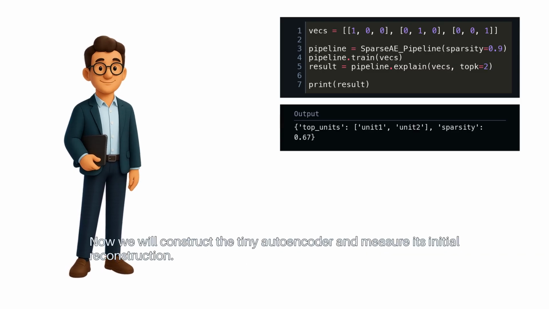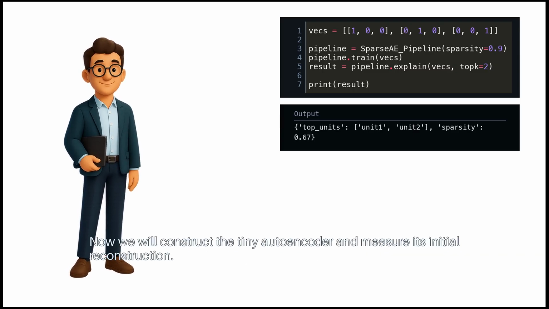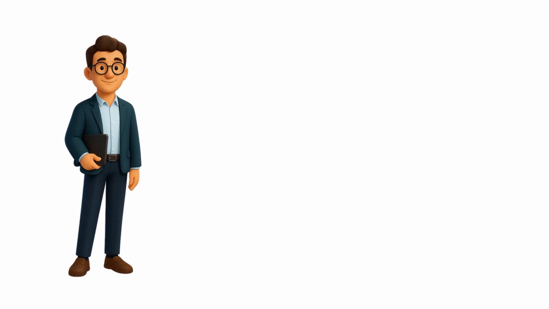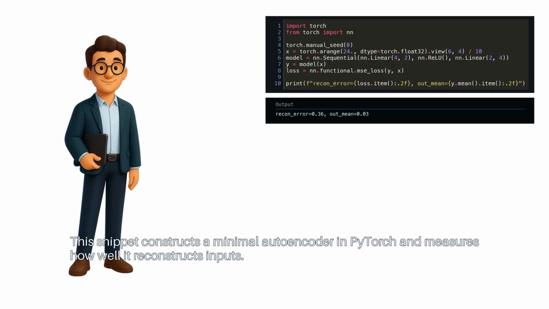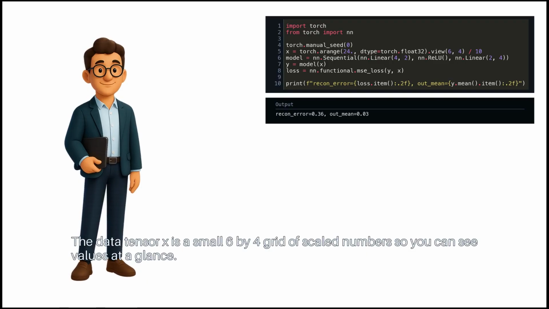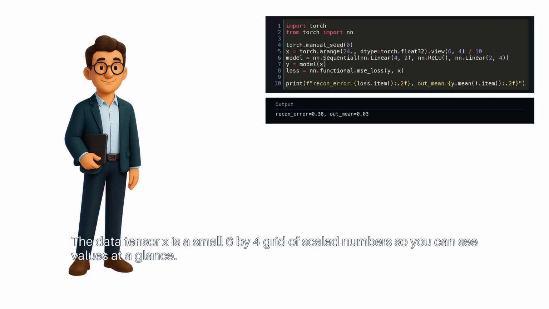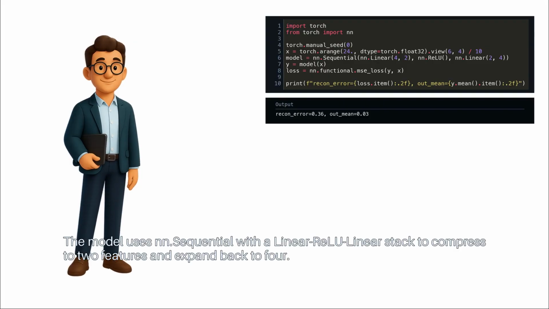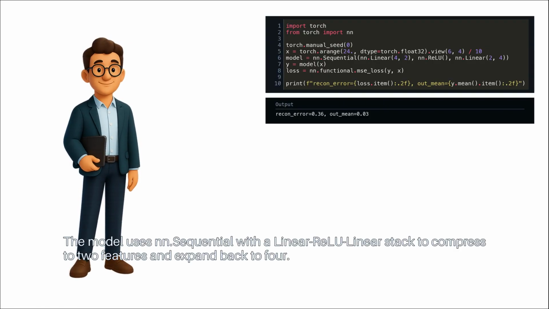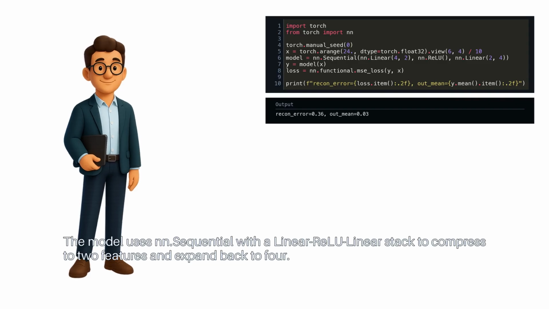Now we will construct the tiny autoencoder and measure its initial reconstruction. This snippet constructs a minimal autoencoder in PyTorch and measures how well it reconstructs inputs. The data tensor X is a small 6x4 grid of scaled numbers, so you can see values at a glance. The model uses nn.Sequential with a linear ReLU linear stack to compress to 2 features and expand back to 4.